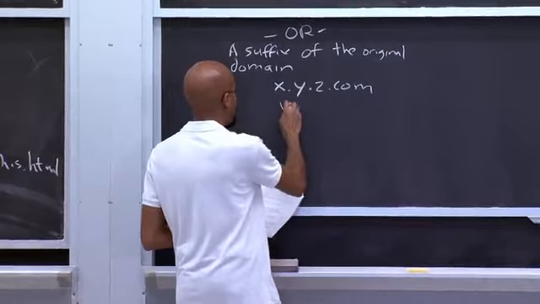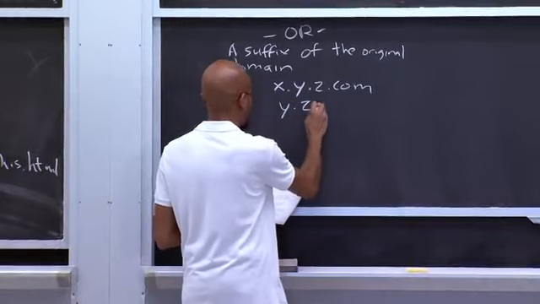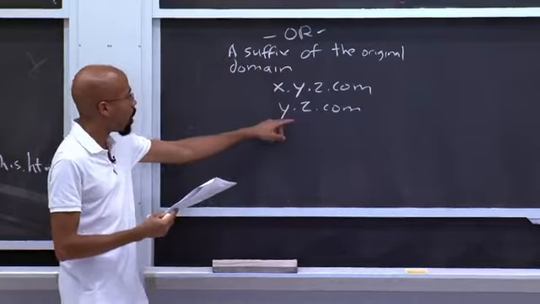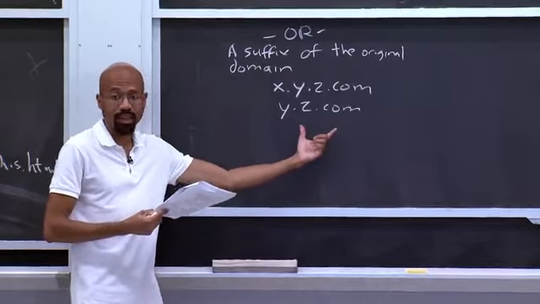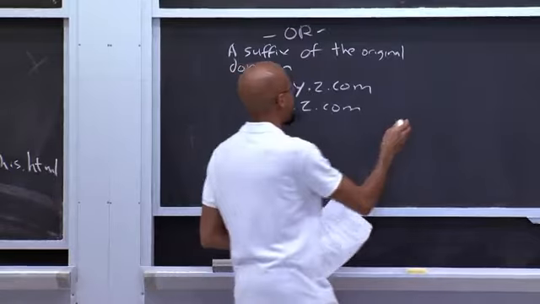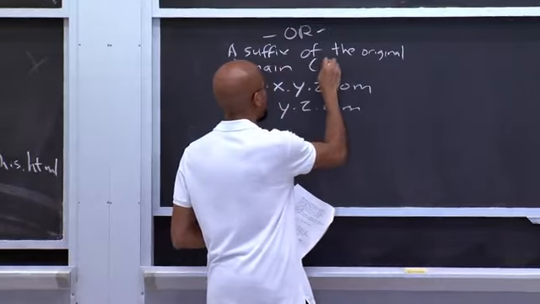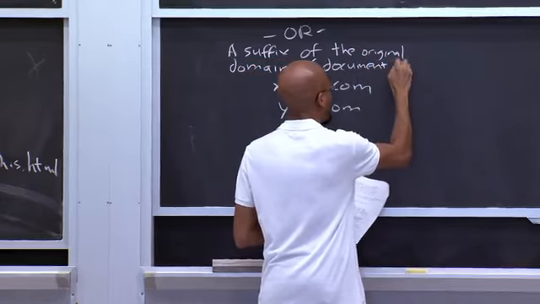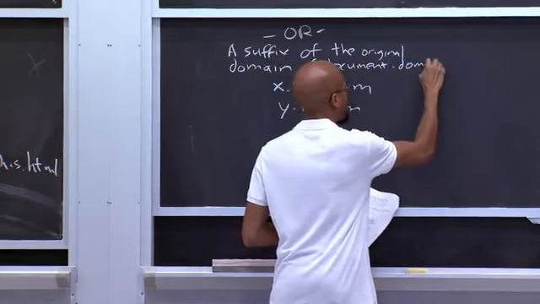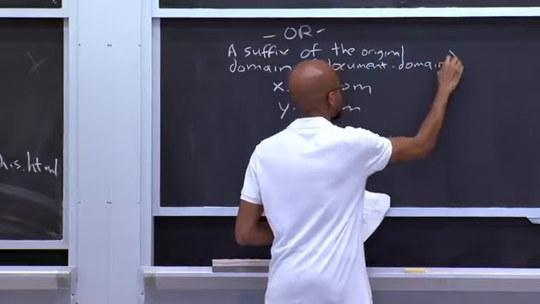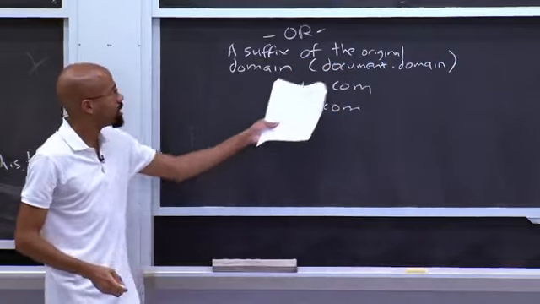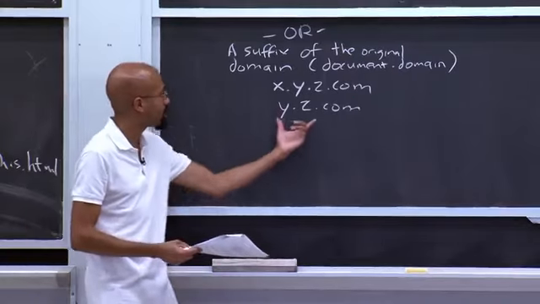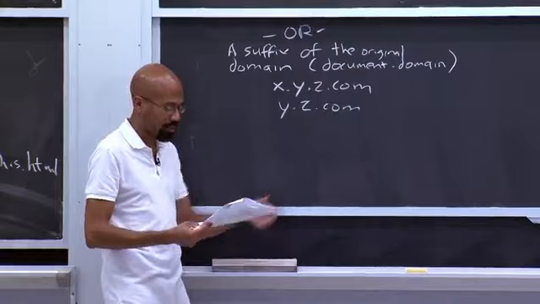It can then intentionally say, I want to set my origin to be y.z.com, a suffix of that, right? And the way that it indicates this is by doing an assignment to the special document.domain value that's accessible via JavaScript. So it can set document.domain explicitly to this right here, right? And that's allowable because this guy is a suffix of that guy.